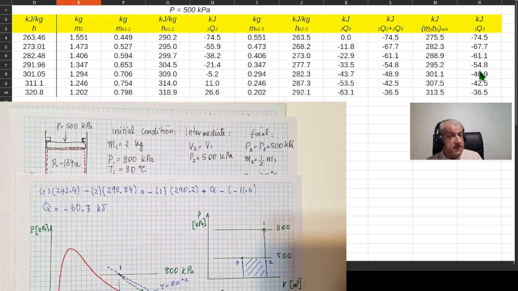And this is the correct answer. This is the correct solution, where we consider point 2 in the middle, and we consider the balance between the mass leaving the control volume and also the heat transfer from the control volume.